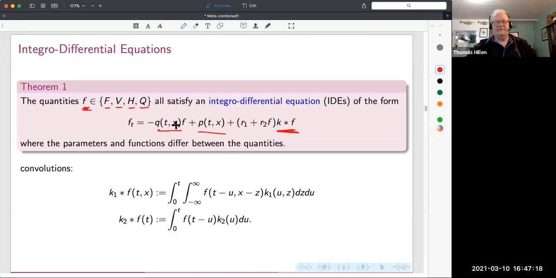And then some quantities depend on space and time, so then the convolution is in space and time. The Q thing here depends only on time, so then the convolution is only on time. But still, the type of equation is actually the same, which is really interesting and quite unexpected, what we had here.